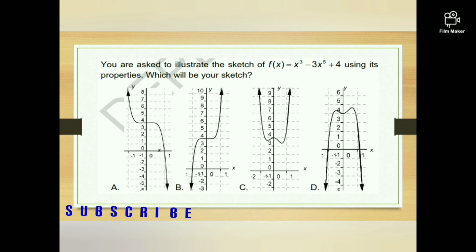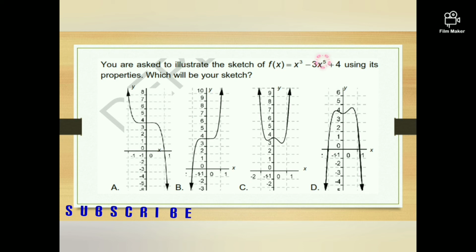Can you still remember this? In the first episode of Graphing Polynomial Functions, are you ready to answer this accurately? Let's start with its degree. 5. Even or odd? 5 is an odd degree.